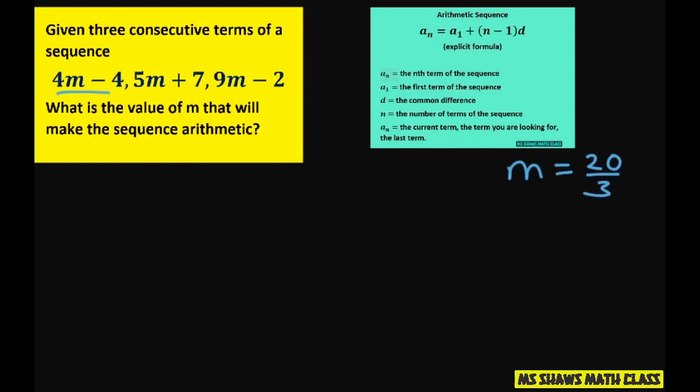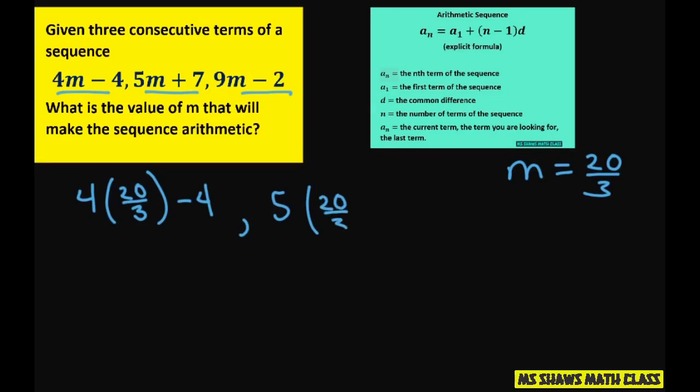We have 4 times 20 divided by 3 minus 4, then 5 times 20 divided by 3 plus 7, and then 9 times 20 divided by 3 minus 2.